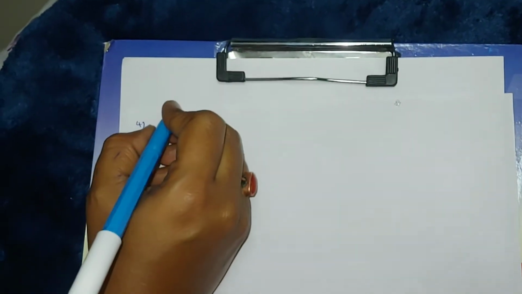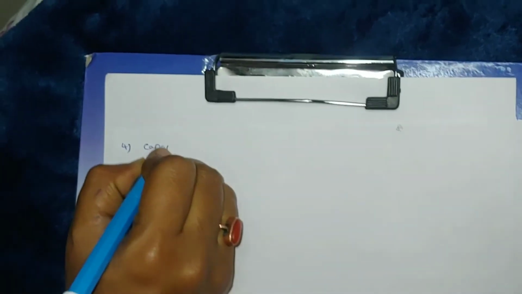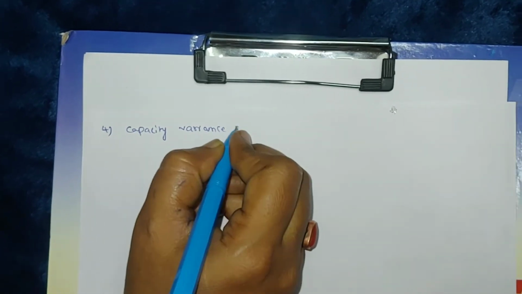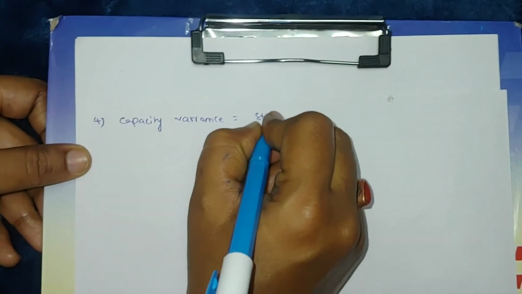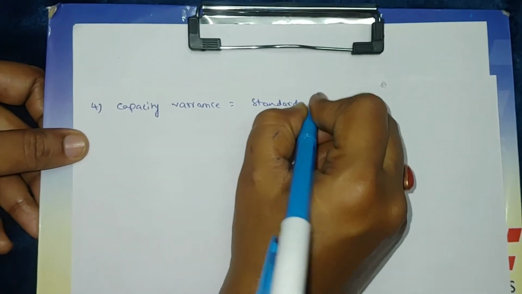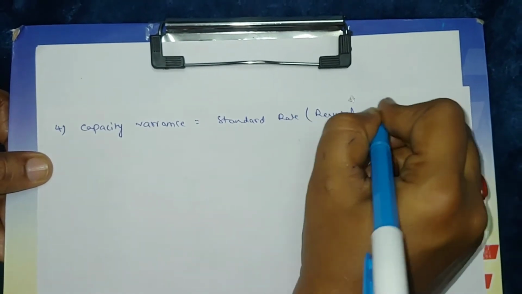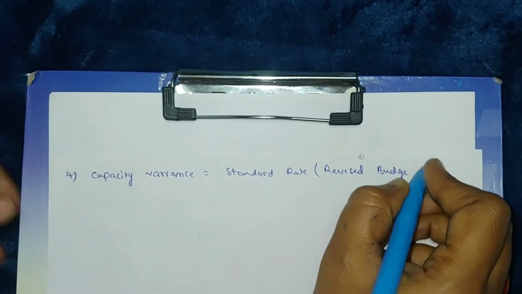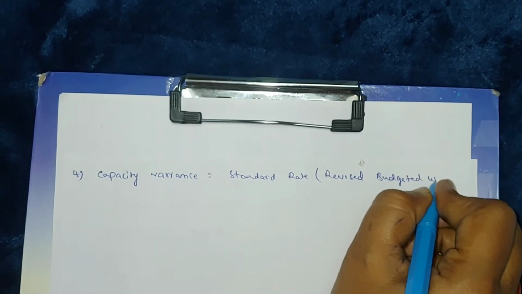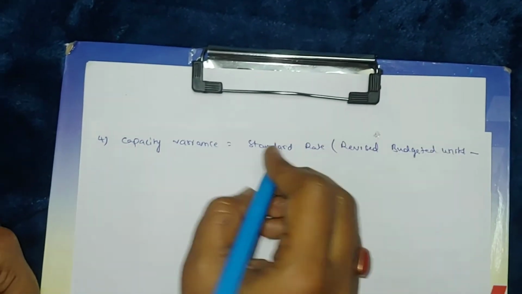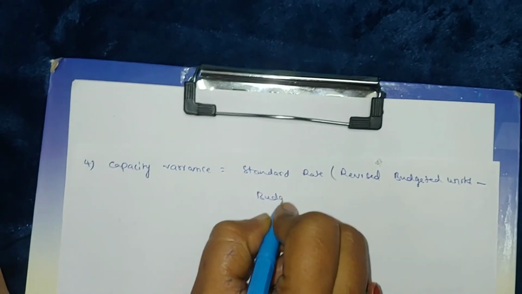Next, we have to calculate capacity variance. Equal to standard rate into revised budgeted units minus budgeted units.